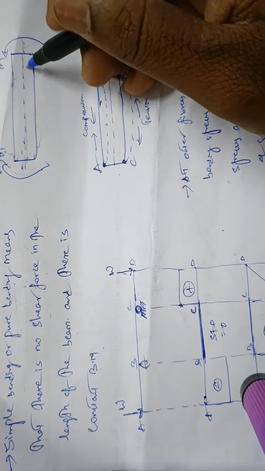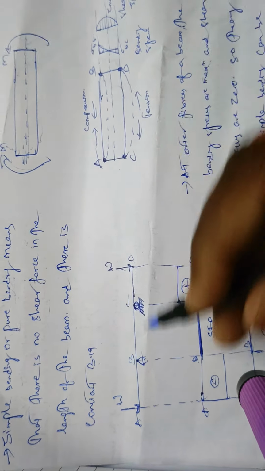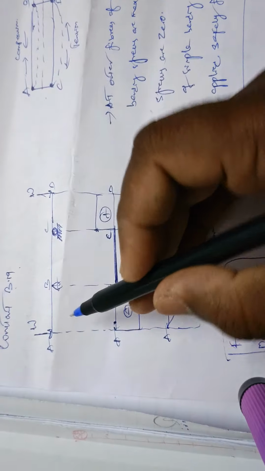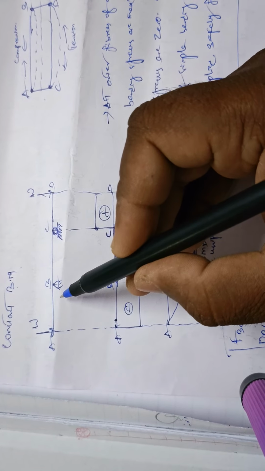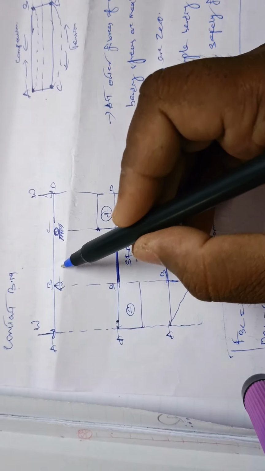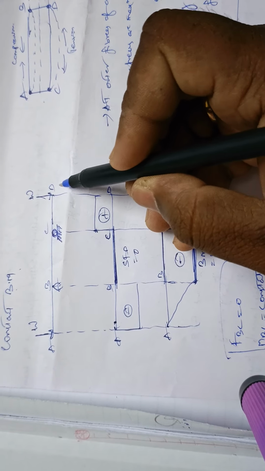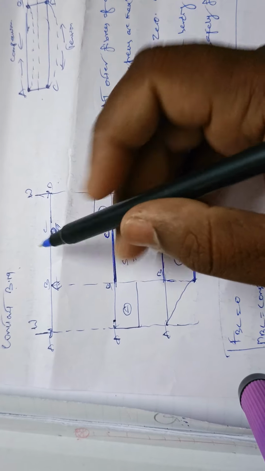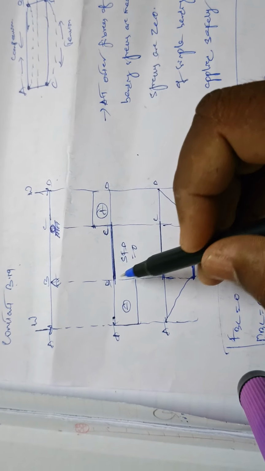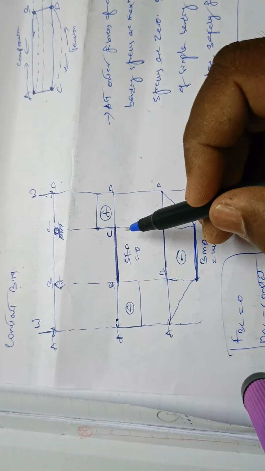Here you can see the example. If you consider a small overhanging beam, described as A B C D, the two loads are acting the same here. First of all, draw the SFD for this, how it will be.